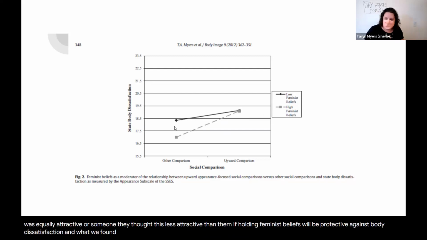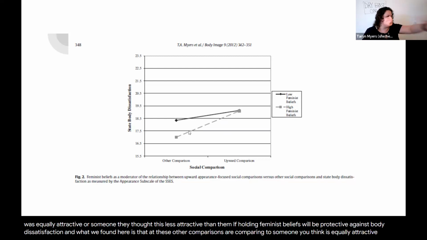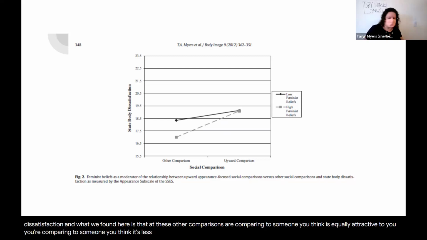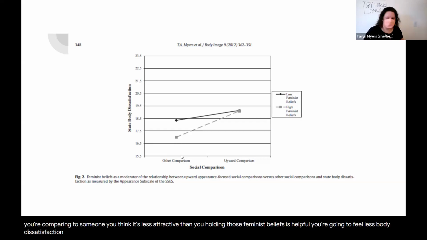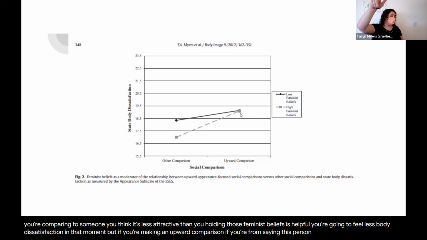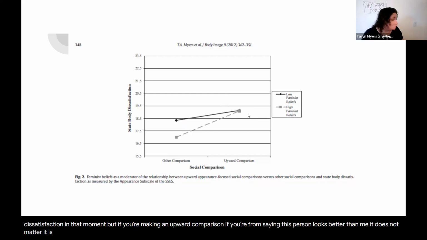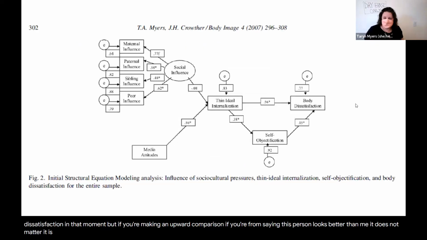And what we found here is that at these other comparisons, you're comparing to someone you think is equally attractive to you, you're comparing to someone you think is less attractive than you, holding those feminist beliefs is helpful. You're going to feel less body dissatisfaction in that moment. But if you're making an upward comparison, if you're saying this person looks better than me, it does not matter. It's essentially the same data point, right?